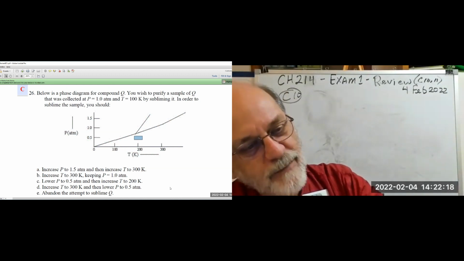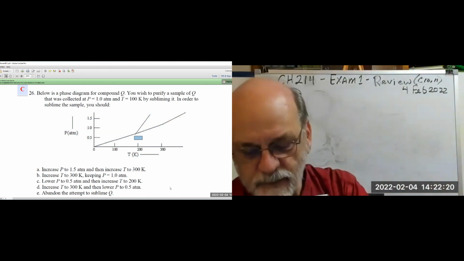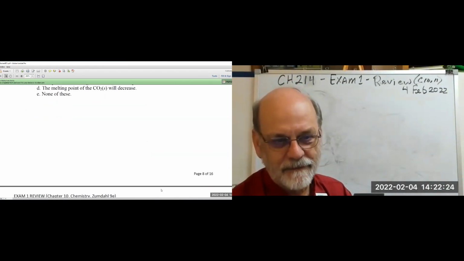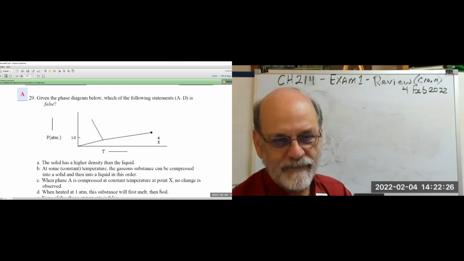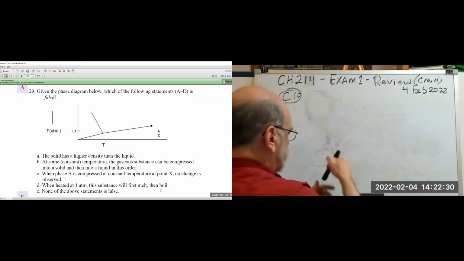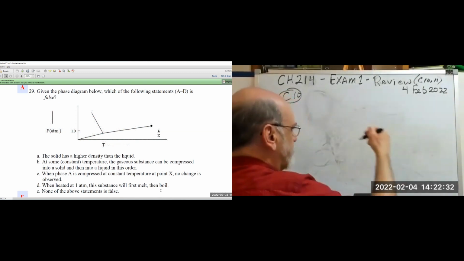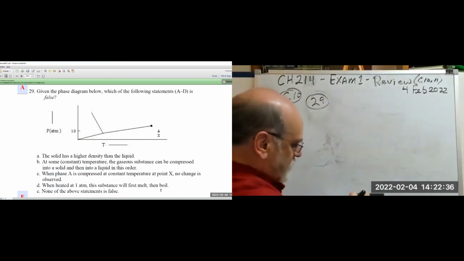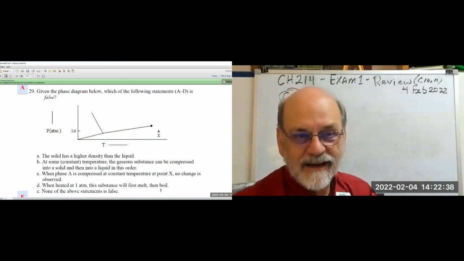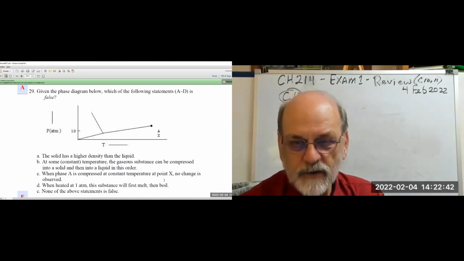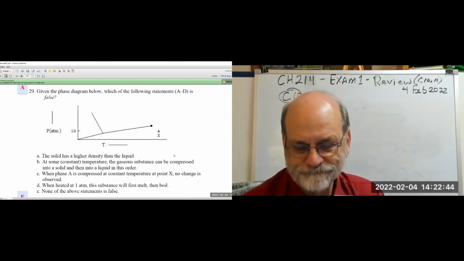All righty. How about, oh, good. We get to skip over to 29. Yep, got everything in frame. 29. Okay, given this phase diagram, which of the following statements, A through D, is false?